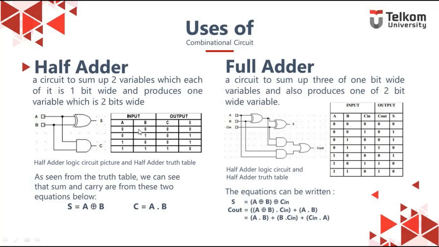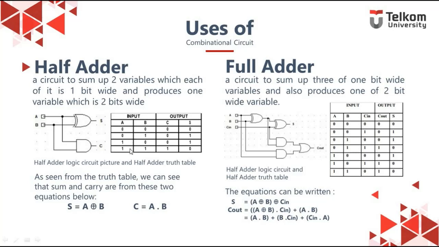For example, A plus B, 0 plus 0 equals 0, and then the carry is still 0. And then 0 plus 1, the sum is 1, and the carry is still 0. And then 1 plus 0 equals 1, and the carry is still 0.